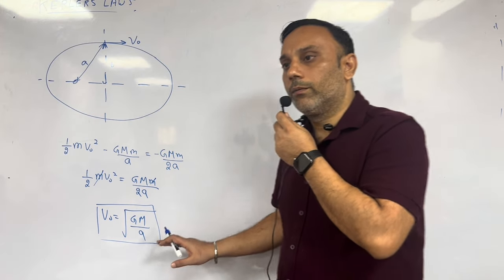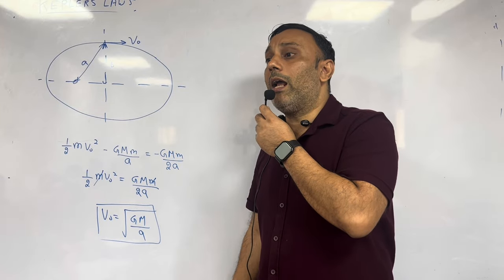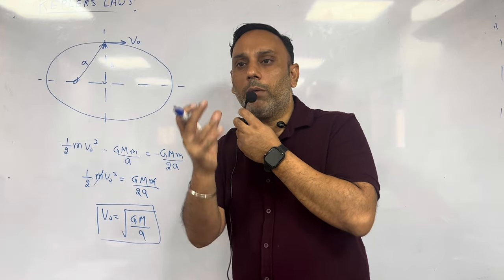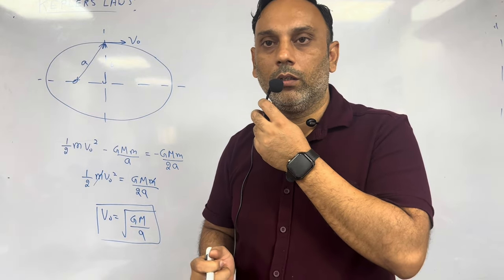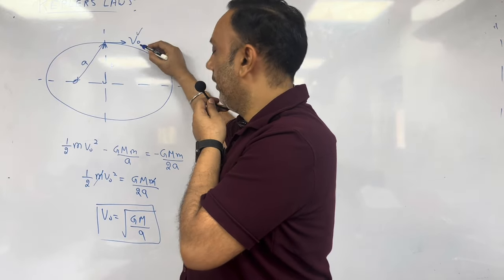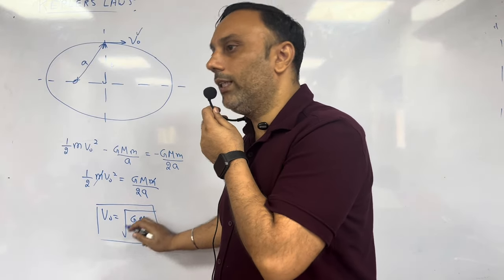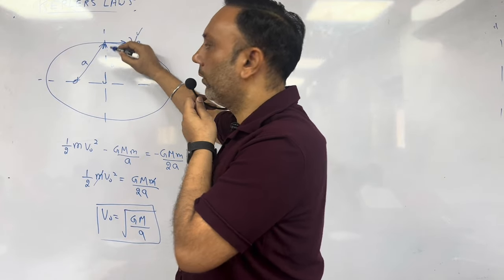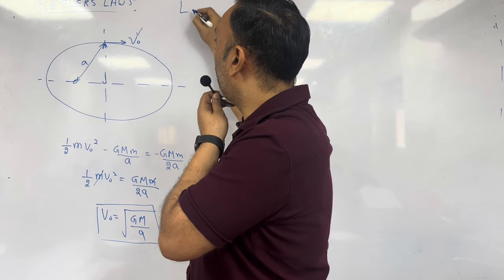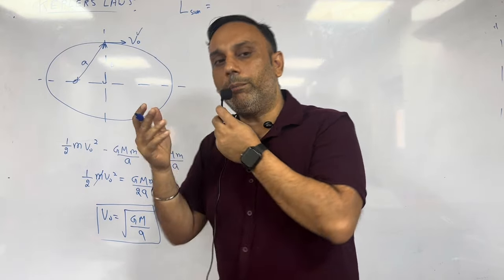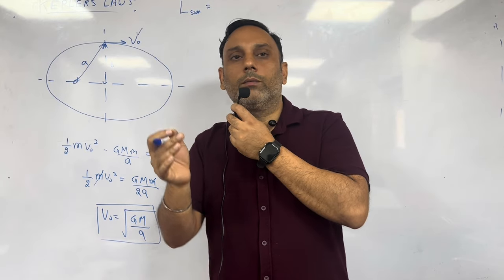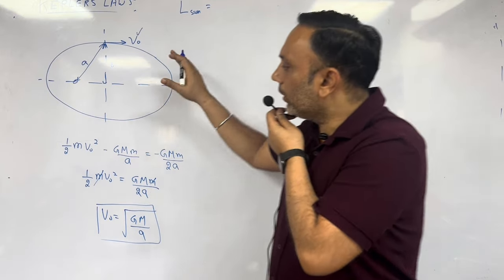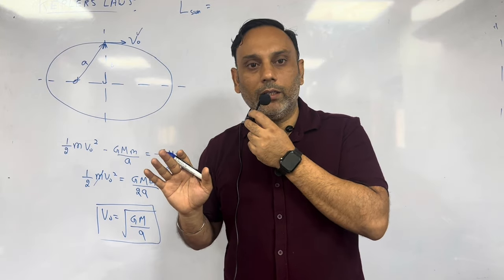Now by this point, an interesting thing I mentioned: angular momentum, which is conserved, you can also find what the constant value of angular momentum is. At this point, you know the velocity is under root G M by A. So that is the R vector, and I need to find R cross V. Angular momentum about the sun is always constant for any planet, or for every satellite performing an elliptical path around a planet; the same theory is applicable. So what is angular momentum?